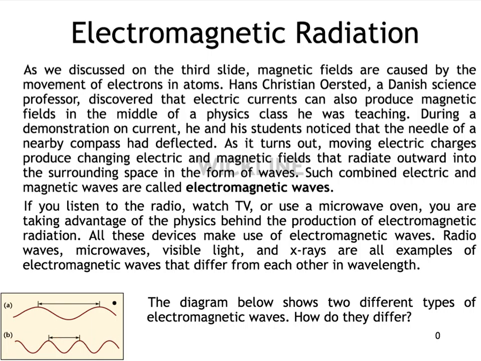And they can actually move through space. They don't even need a medium. They can just move straight through space. And they're all really alike in some ways in that they can move through space like that. They have this kind of shape. And they produce the same kinds of electric fields and the same kinds of magnetic fields as they move. But they just have a variety of different wavelengths and frequencies.